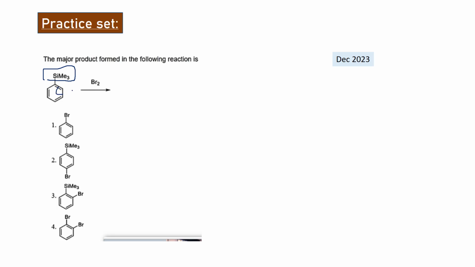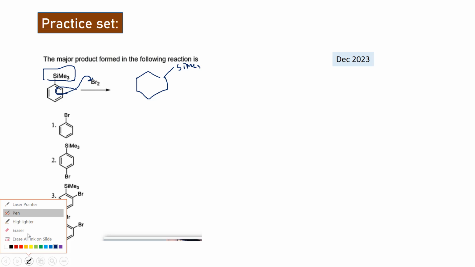What does it mean? This will attack here and form this type of sigma complex. I just drew the arrow.